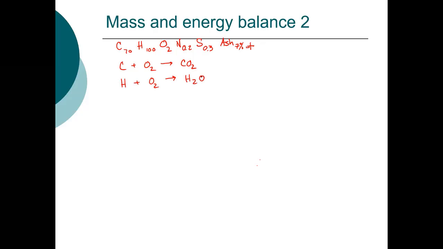We need 4 hydrogens. The nitrogen in the fuel reacts with oxygen to form NO2, and the sulfur in the fuel reacts with oxygen to form SO2. So we have 4 sets of reactions here.